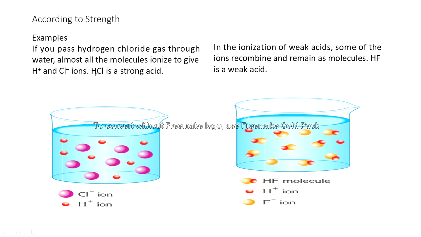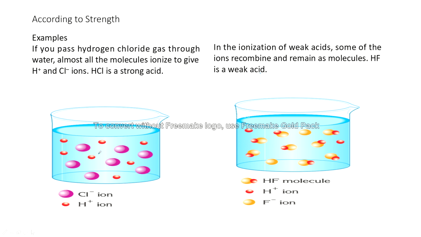Hydrochloric acid is considered a strong acid. Why? Because if we pass hydrogen chloride gas through water, we end up having the complete ionization of hydrochloric acid, giving us hydrogen ions and chloride ions.